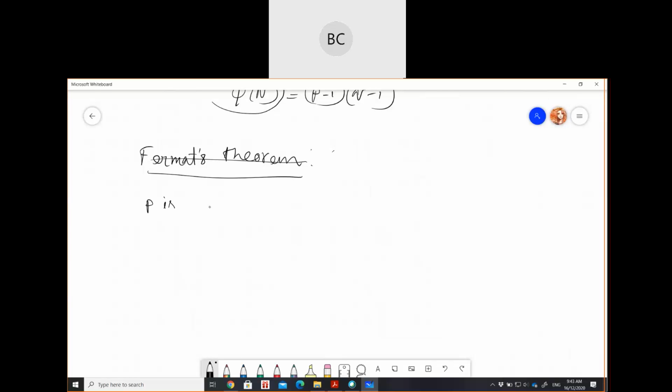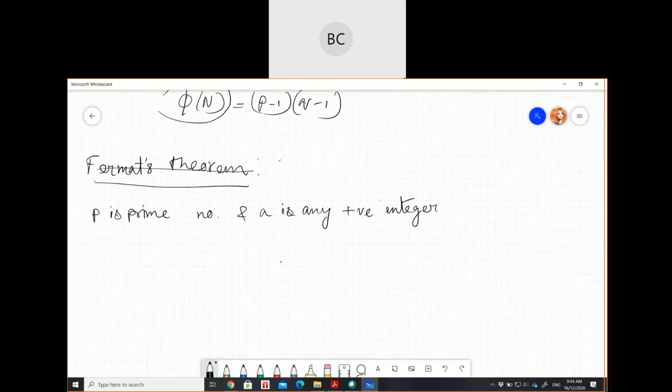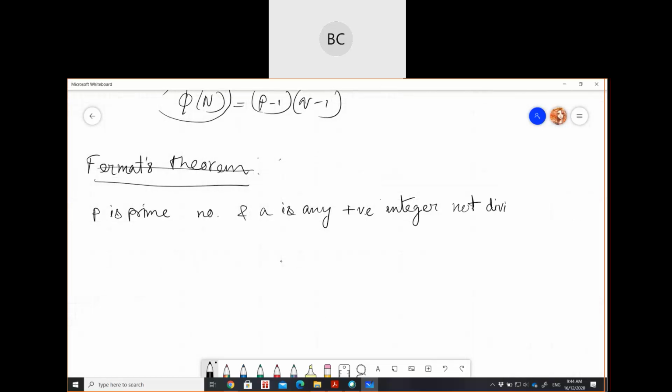If P is a prime number and A is any positive integer which is not divided by P, or you can say GCD of A and P is equal to 1.